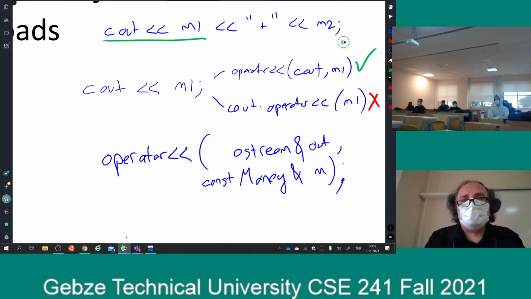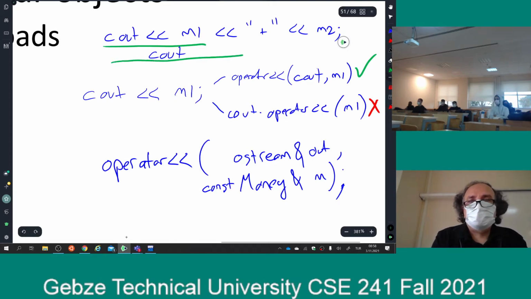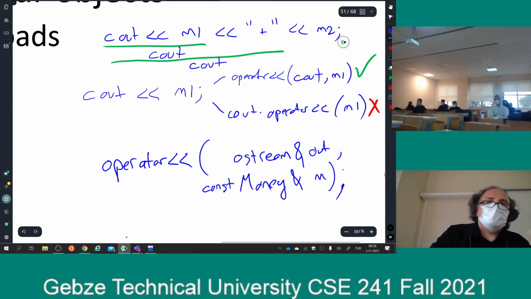This one should return exactly the same cout object, so that I would read this as cout stream insertion plus, and again this one should return the same cout object, so that I can execute the rest of the stream insertion.